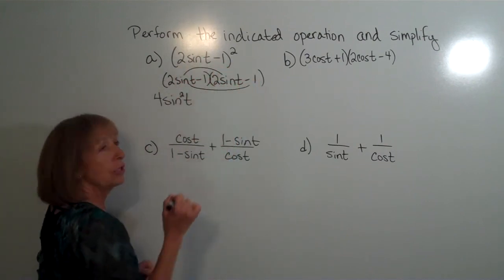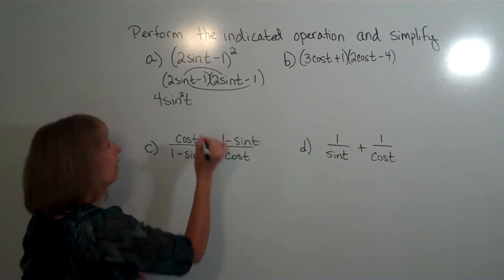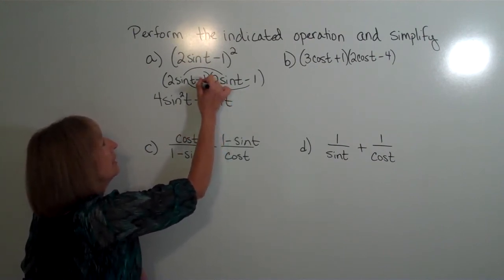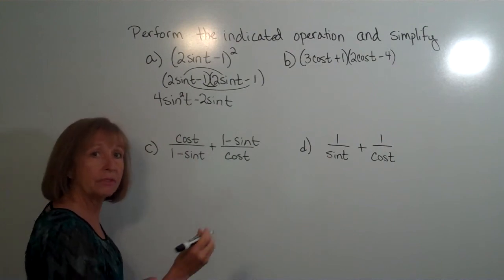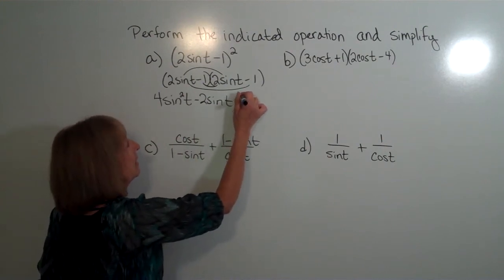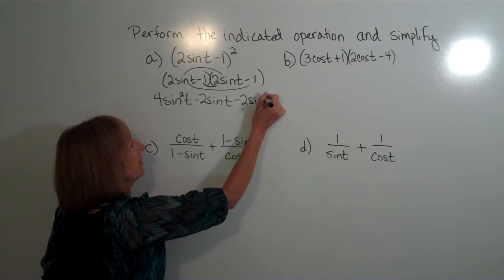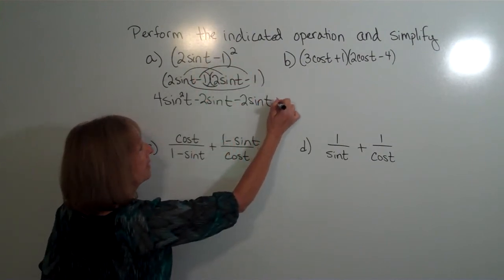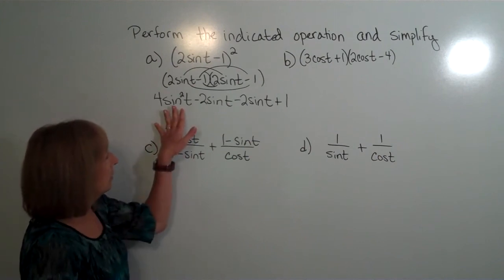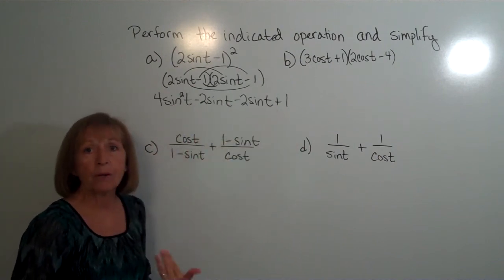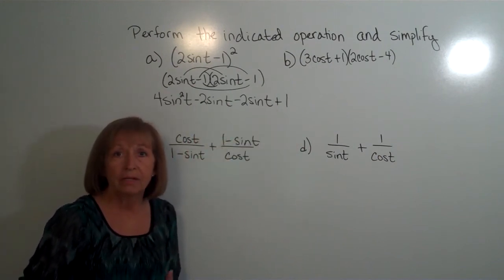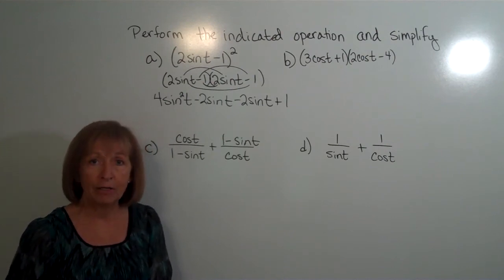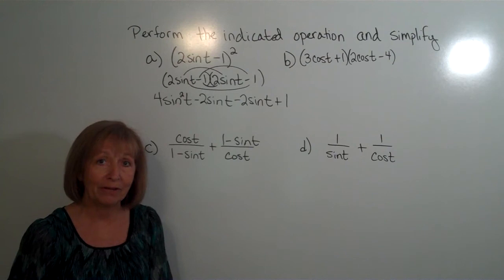Now my outer, 2 sine t times negative 1 is a negative 2 sine t. Inner, negative 1 times 2 sine t is a negative 2 sine t. And last, negative 1 times negative 1 is positive 1. So when I look at these 4 terms, I want to combine any like terms. Remember, like terms are terms that have the same variable with the same exponent on the variable.